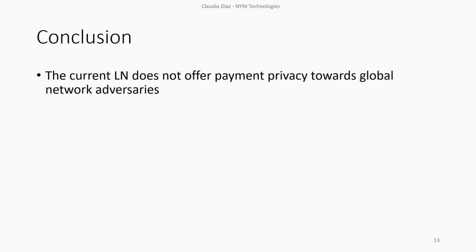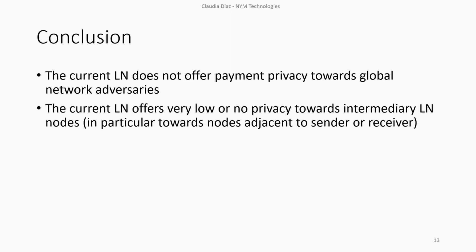Okay, so coming to the conclusion, the current Lightning Network does not offer payment privacy towards network adversaries. Network adversaries can determine who pays who. It offers very low or even no privacy towards intermediaries, in particular intermediaries that are close to sender or receiver. They will, with very high probability, be able to determine that their adjacent node is sender or receiver.